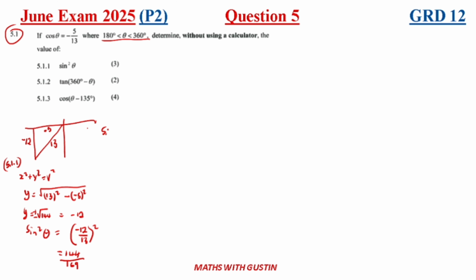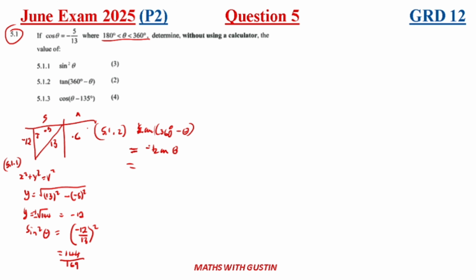Right, so 5.1.2, it says here tan of 360 minus theta is going to be equal to, is tan positive or negative on 360 minus? 360 minus is in the fourth quadrant. Remember the CAST diagram. Okay, so it's here, tan is negative, so it's going to be negative tan theta.